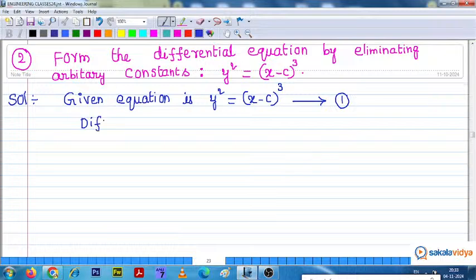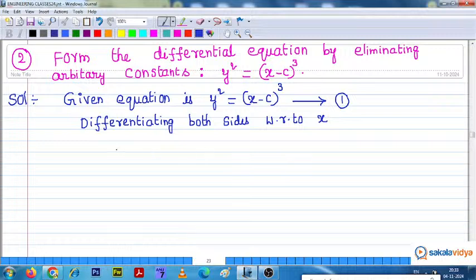Differentiating both sides with respect to x.